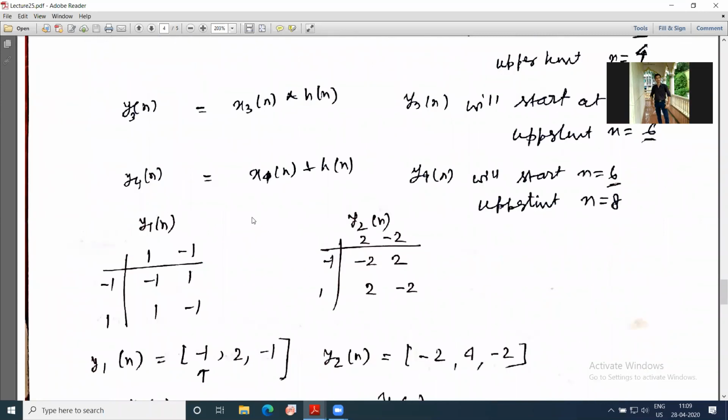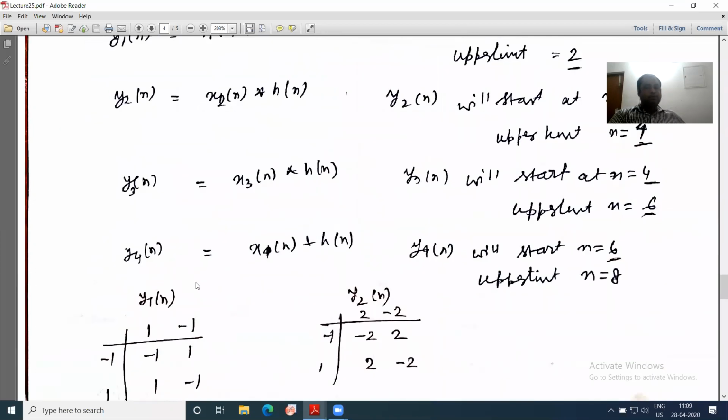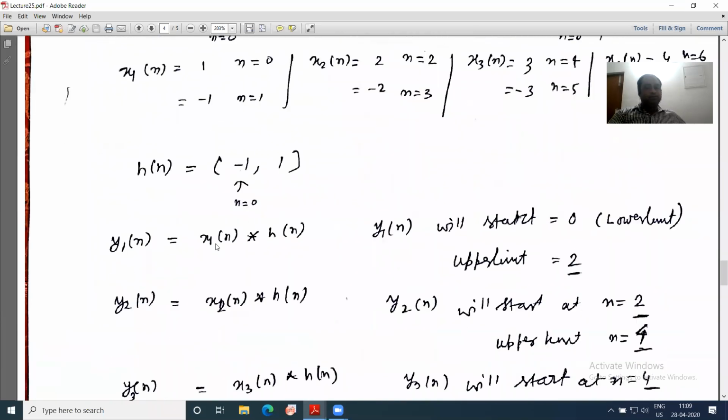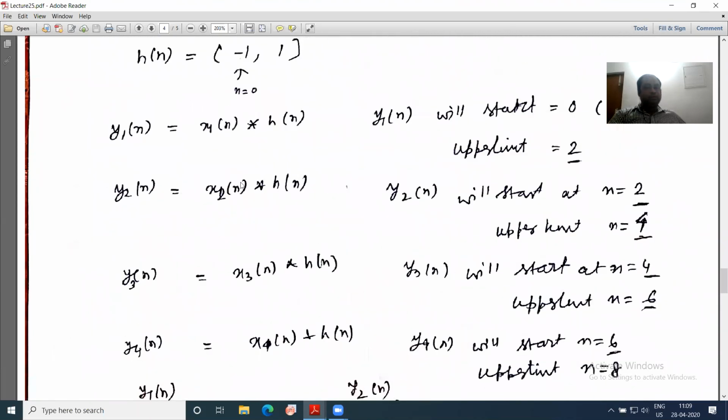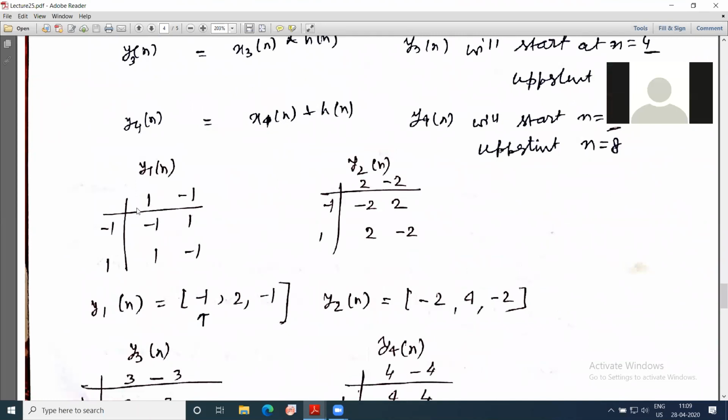Now I have to find the output of each section. What is y1 of n? I have to convolve the section with h of n, which is minus 1, 1. Multiplying, y1 of n comes to minus 1, 2, minus 1.